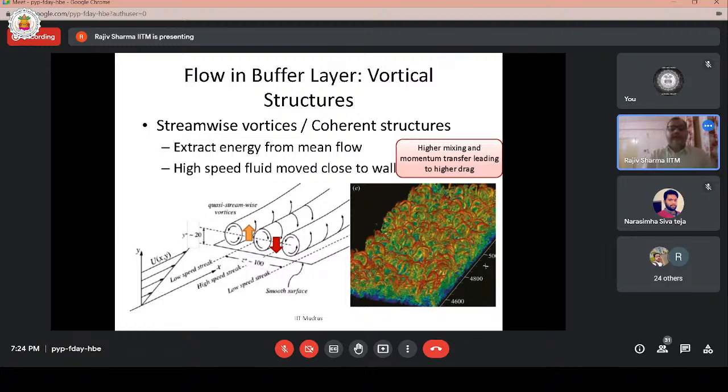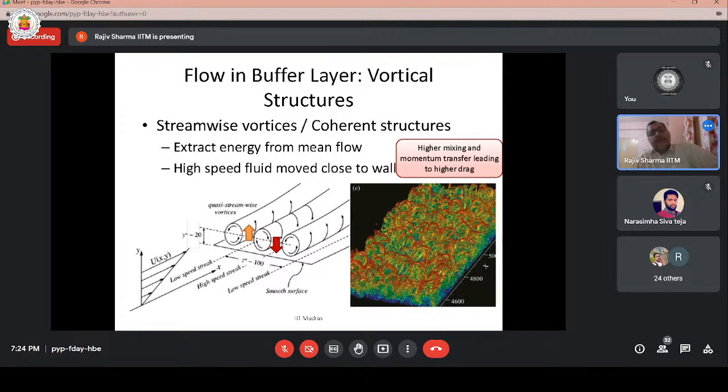Flow in the buffer layer, as I told, is dominated by vortical structures. Streamwise vortices is one class of it. Second class is the coherent structures. The idea is to extract the mean flow and look at the energy which is inherent in the mean flow, to extract energy from the mean flow.